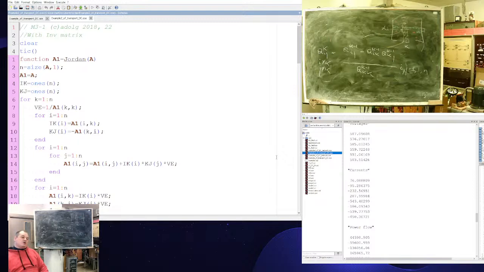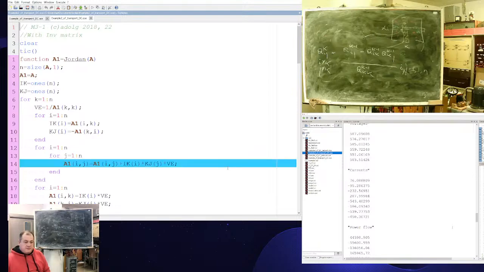So here is the solution of the transport network with the help of Jordan's matrix inversion. Yes, it's okay. Everything is fine.